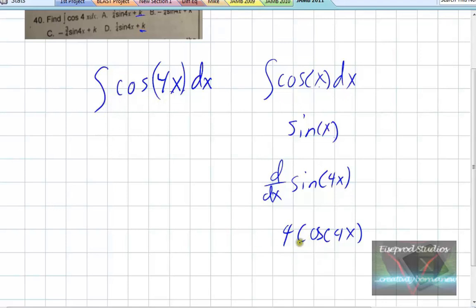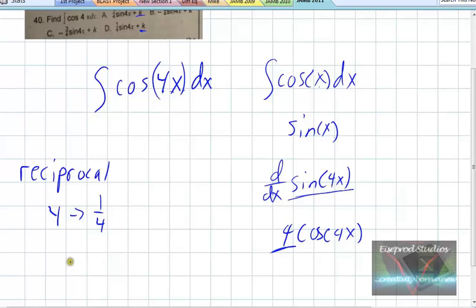So essentially, we started at something similar to sine of 4x, but something caused this 4 to go away. And that something was the reciprocal of 4. Remember that the reciprocal is the inverse, so instead of 4, its reciprocal is 1/4.